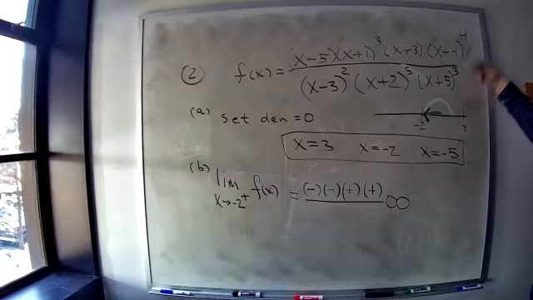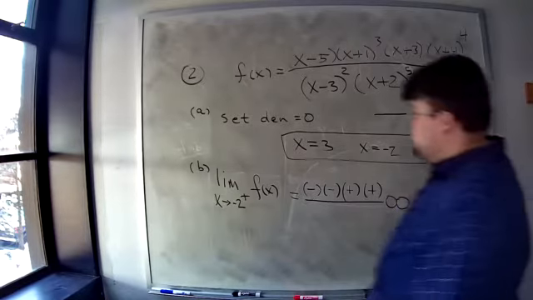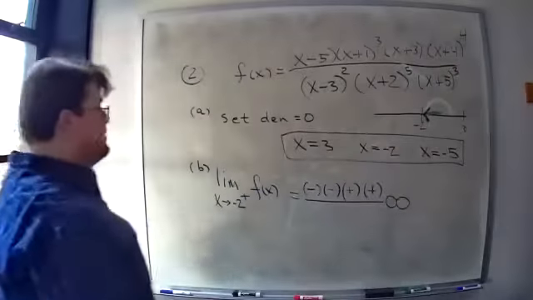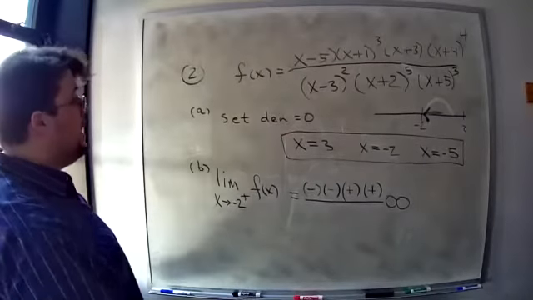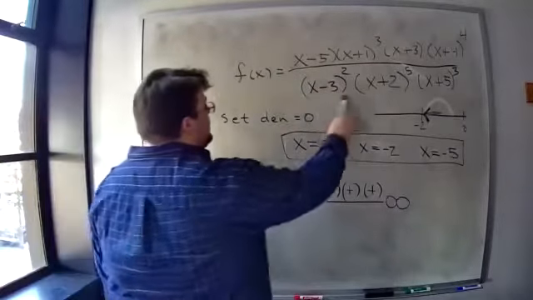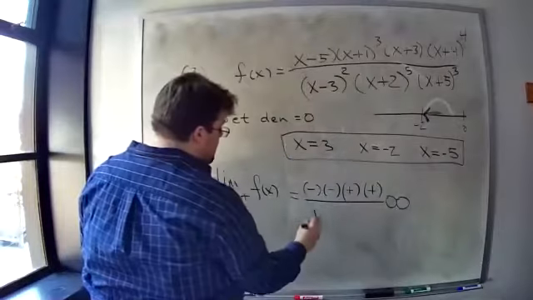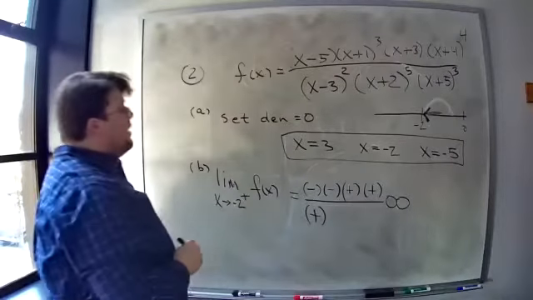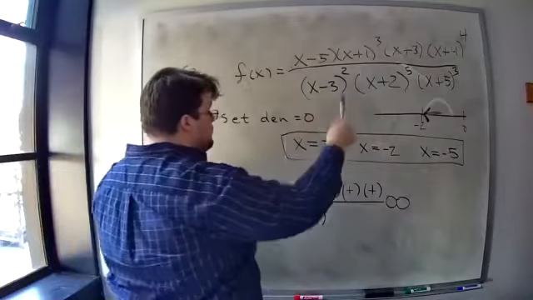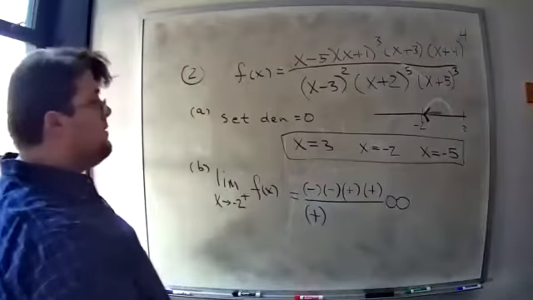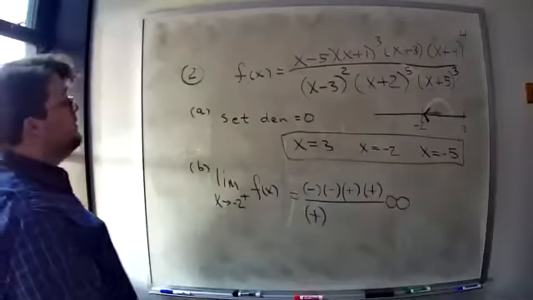In this case, we have positive to the 4th, but negatives to the 4th are still positive. So on the numerator, we have those 4 signs. And what do we get on the denominator? Well, here we have something squared. So that's immediately positive. In this case, it would be a negative squared, but negative squared is still positive.